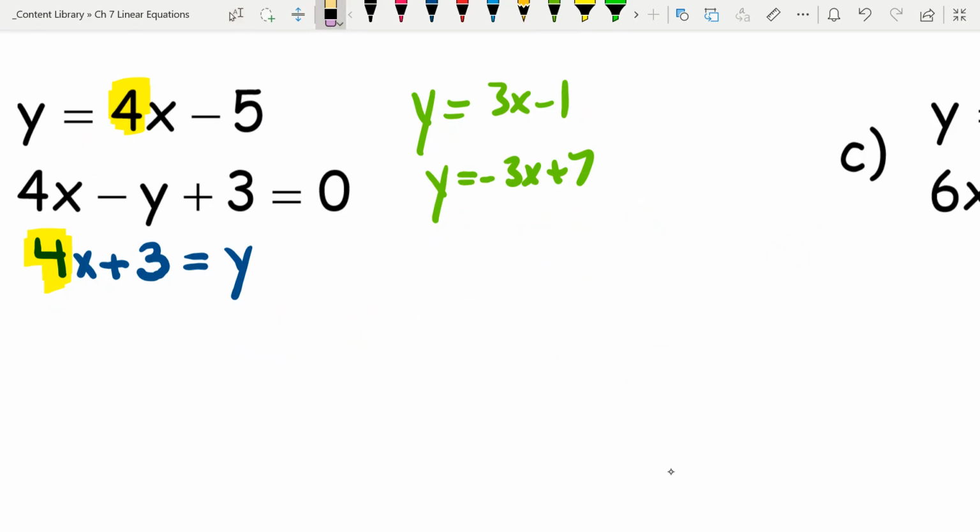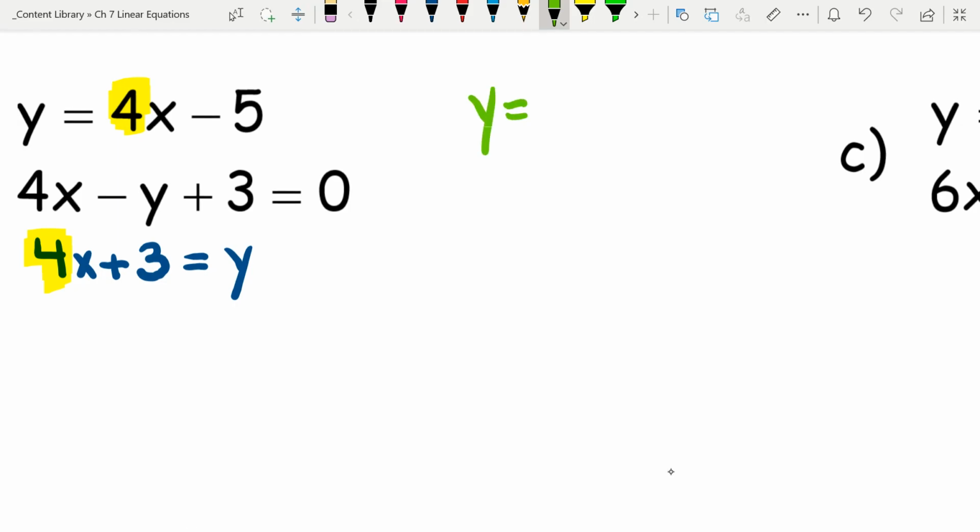Okay, you're gonna not like me. How about this one? Y equals x plus 4, y equals negative x minus 7. I guess it's perpendicular.